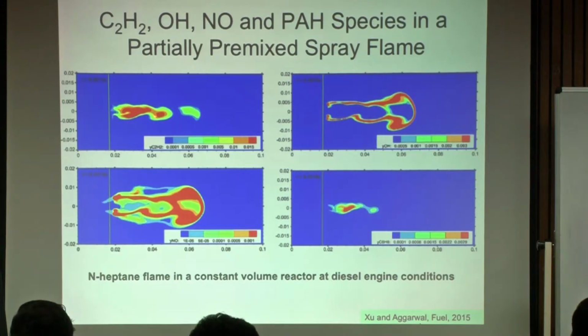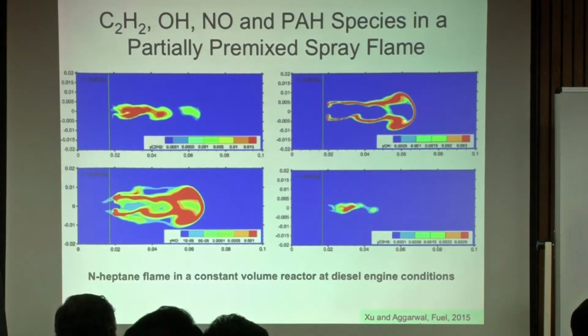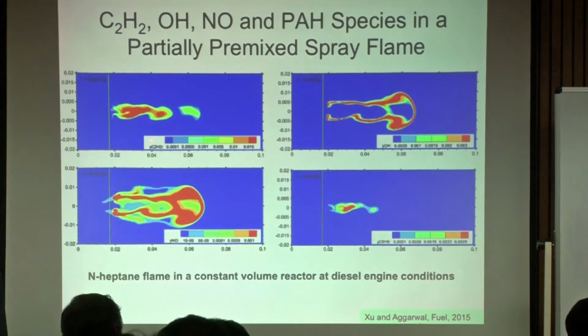This is formed more for the soot, in the rich premixed zone. This is, I think, OH. Yes, OH. This is in the diffusion flame. This is the NO distribution again, which we already discussed. And this is benzene, the PAH species mainly. This is formed inside the rich premixed zone, which we also saw in simple counterflow flames.